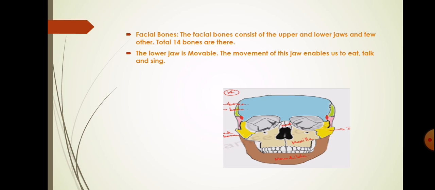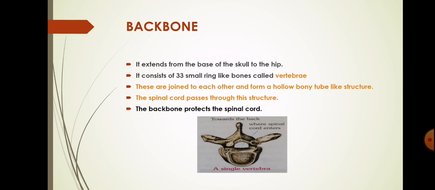Now the next part of our skeletal system is the backbone. The backbone is the main support of your body. It extends from the base of the skull to the hip. The backbone consists of 33 small ring-like bones called vertebrae.